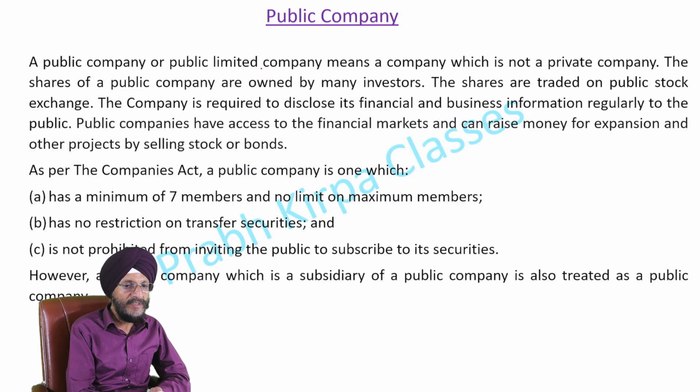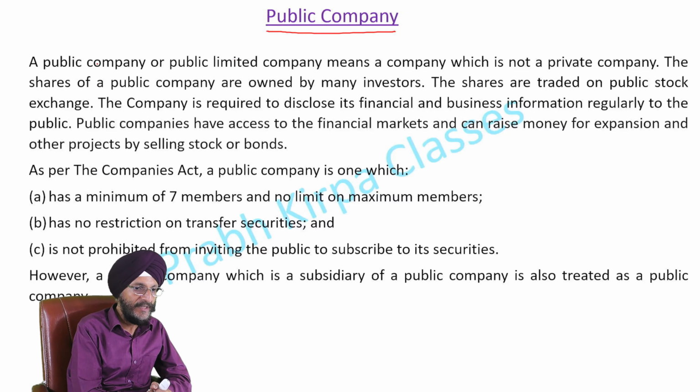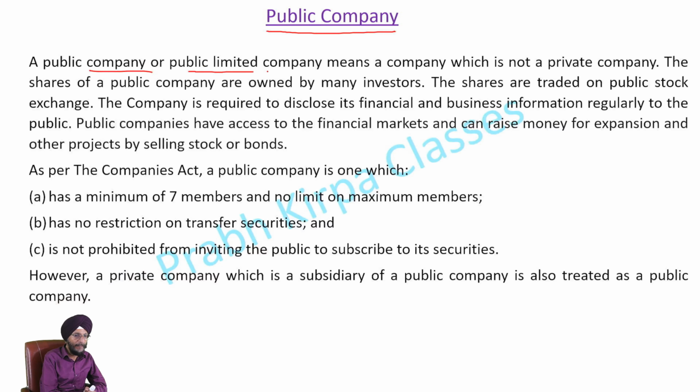Now, next point is public company. What is the meaning of public company? A public company or a public limited company means a company which is not a private company. The shares of the public company are owned by many investors. The shares are traded on a public stock exchange.